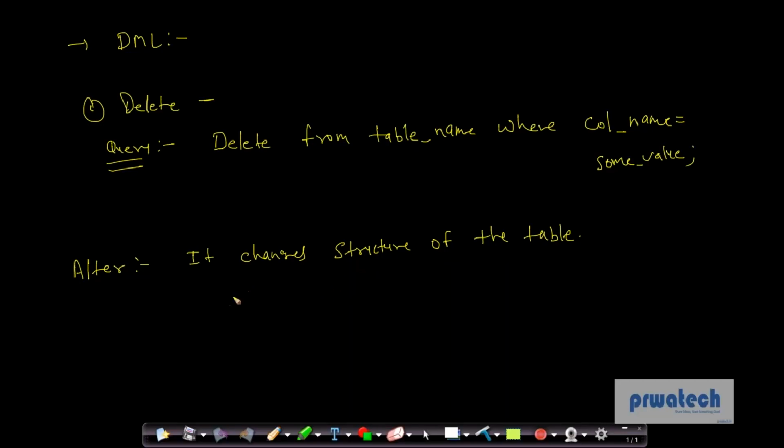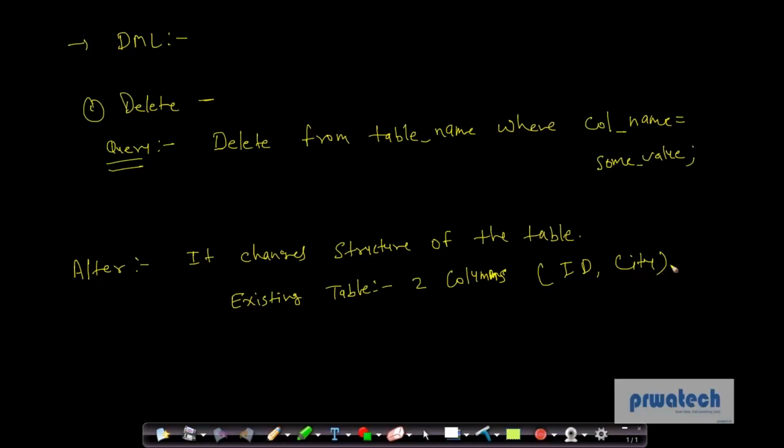So suppose I have two columns in my existing table, two features, two fields, and I want to increase from two to three columns. In that table I have two columns named ID and city, but I want to add a country column also.